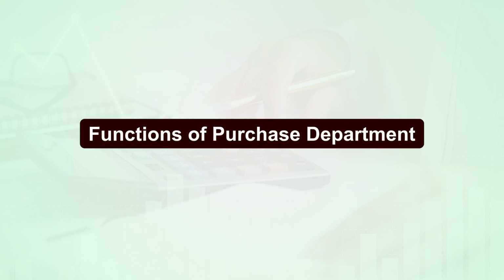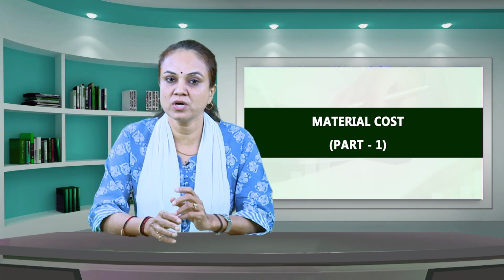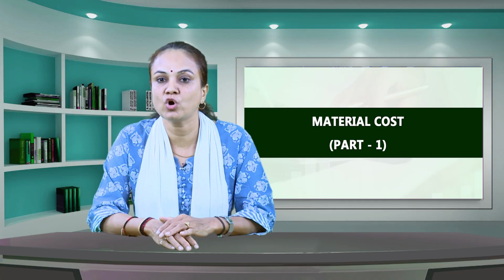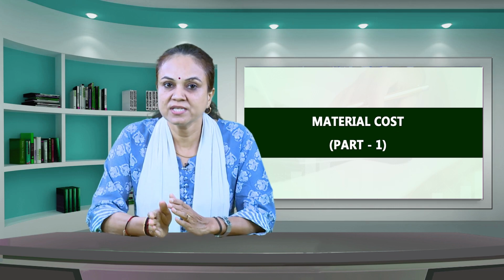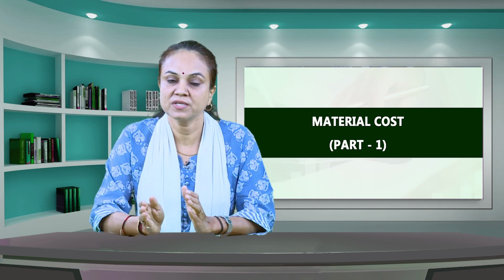Let's have a look at the functions of the purchase department. Purchase department works under the supervision and control of the purchase manager. The main functions of the purchase department are: number 1, purchase requisition, to receive the purchase requisition from the department which needs material.